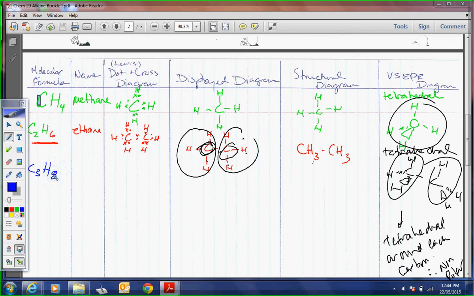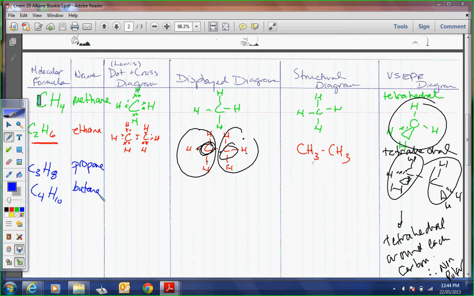C3H8 is called propane, as in like a propane tank. And I'm sure you could draw the dot and cross diagram and display diagram for that and structure diagram. Could you also, at the same time, do C4H10, which is butane, which is in your butane lighters, your Bic lighters, Zippo lighters.